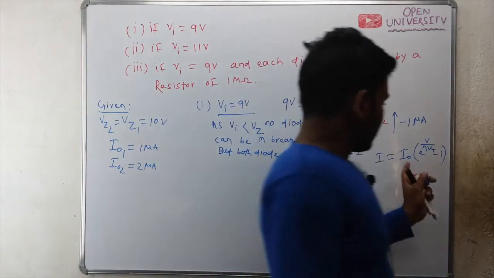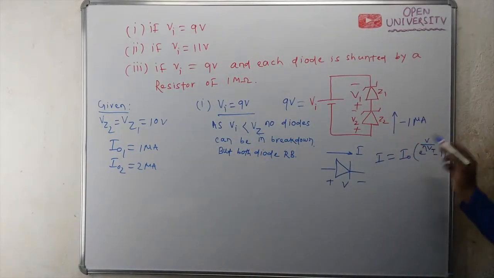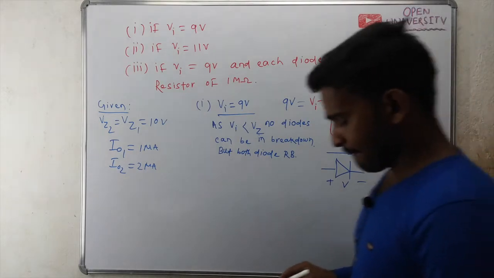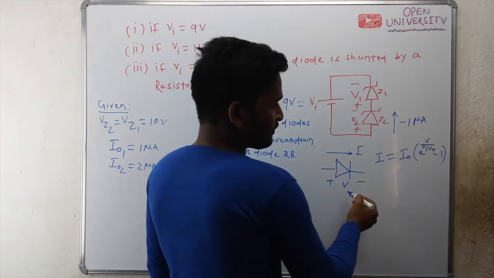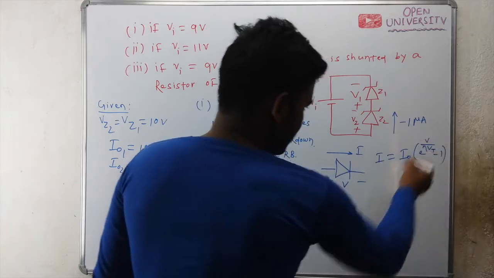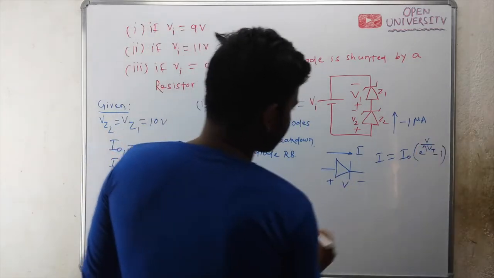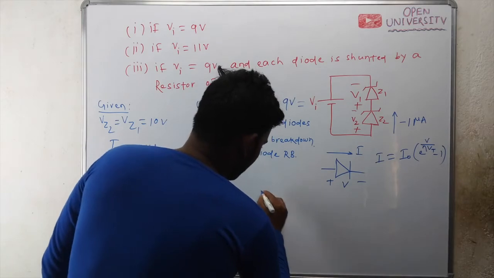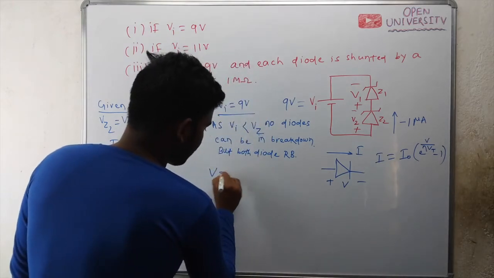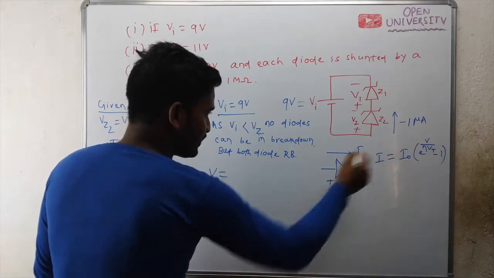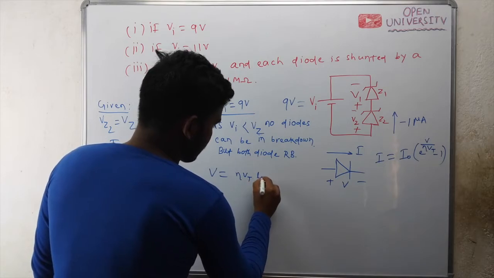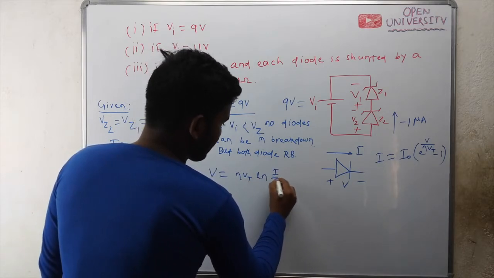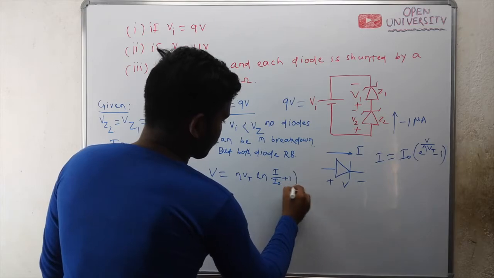Then I can use the equation of forward current. From this equation, V is the voltage across the forward bias diode, so find out the value of V. The formula for V will be eta Vt log of I by I naught plus 1.